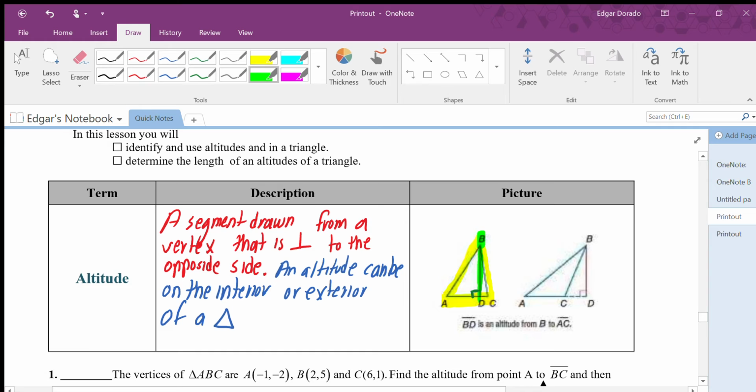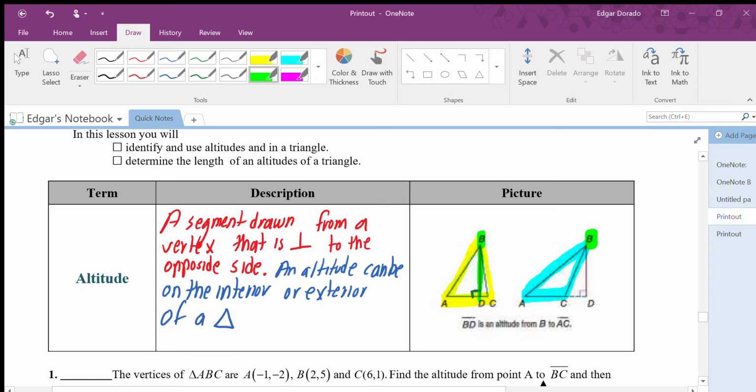Let's look at the other one. So let's take a look at triangle ABC here, and once again, I'm being asked to draw an altitude from B to the opposite side of AC.